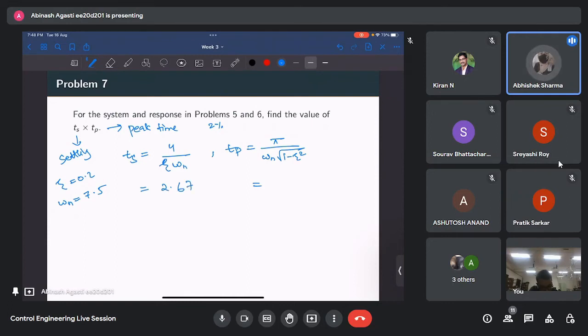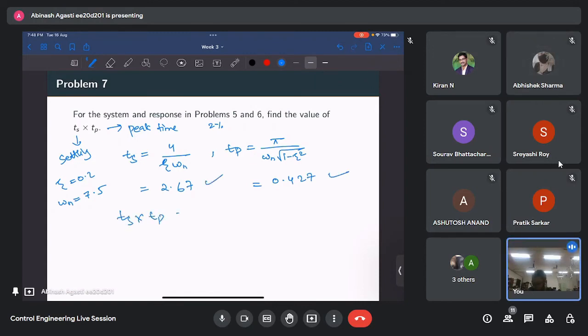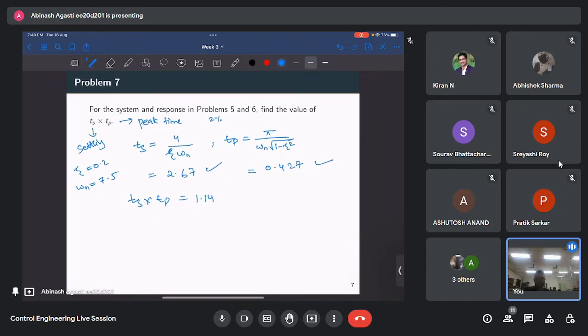Peak time is 0.427. Correct. So we'll just multiply these two and what we get is 1.14. So are there any doubts in time response and how we derive things like that?